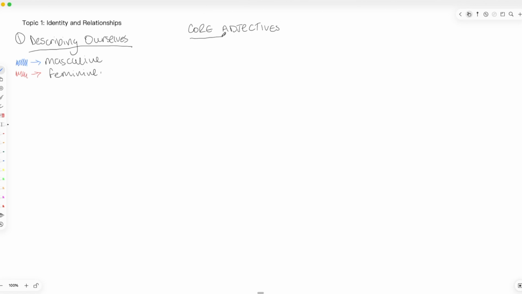We start off with simpático, simpática, not forgetting the accent on the A, and that means friendly. Divertido can also mean funny. When we're using it in an adjective sense and describing ourselves, it means fun.